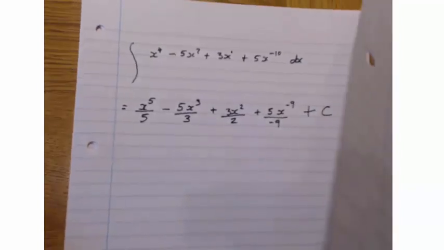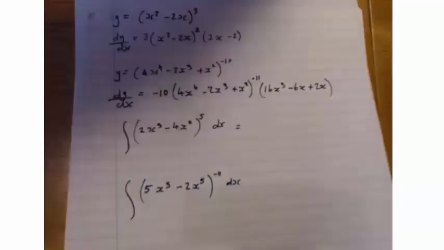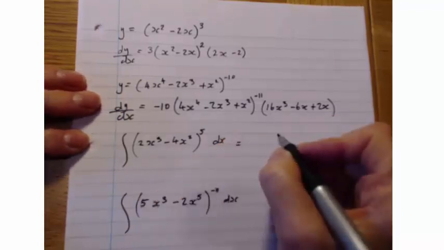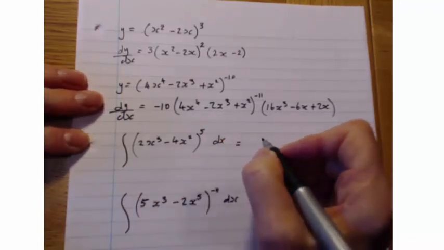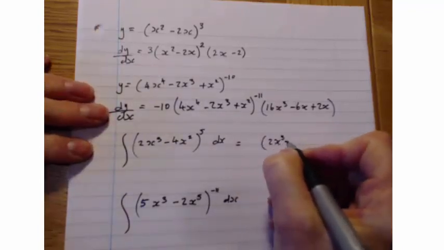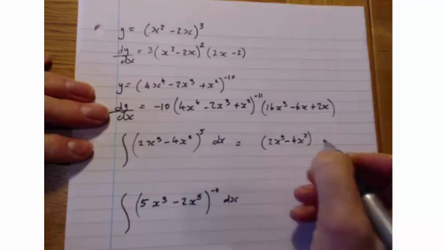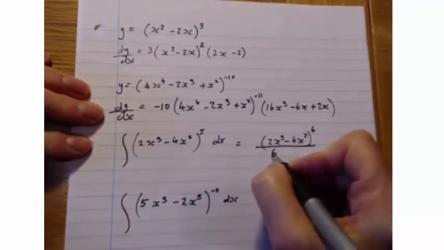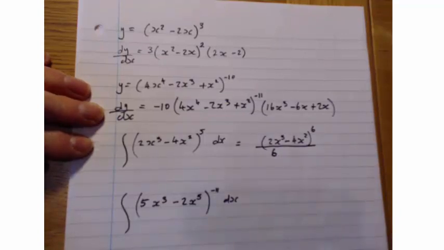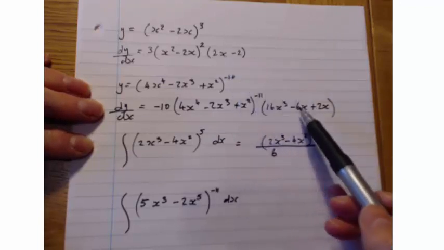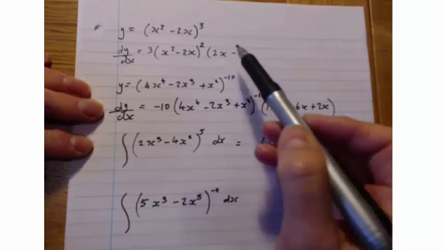if it's a function of a function? So here, we're going to do the same as we did before. We're going to raise the power by 1. So it's going to be 2x to the 3, just rewriting what's in the brackets, right? Increase the power by 1, divide by it. Now, when we're differentiating functions of functions, we always multiply by the derivative of that inner function.